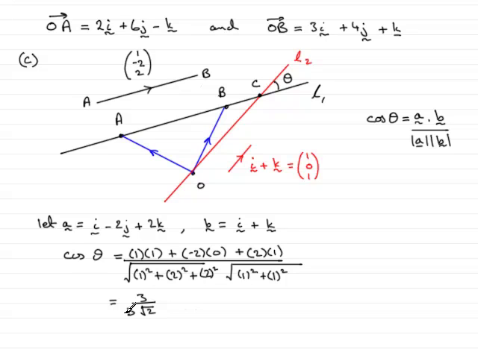The 3's cancel, so you have 1 over root 2. This is a well-known result, the inverse cos of 1 over root 2, but if you don't know it, you can do it on a calculator, and you find that it comes out to be 45 degrees. So there you have the acute angle theta between the lines L1 and L2. And that brings us to the end of part C.